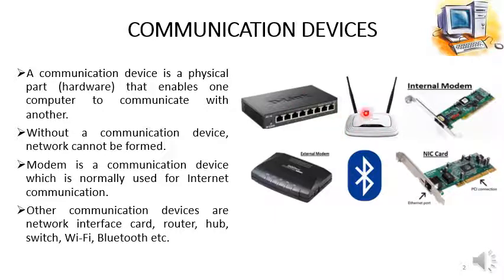And this one is a Wi-Fi router, which is used to establish a wireless local area network, in short WLAN. It is a wireless router which provides signals to the wireless devices to connect with the network.